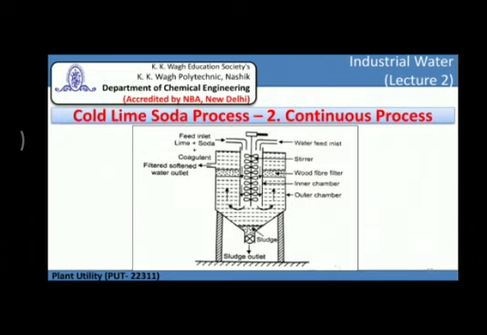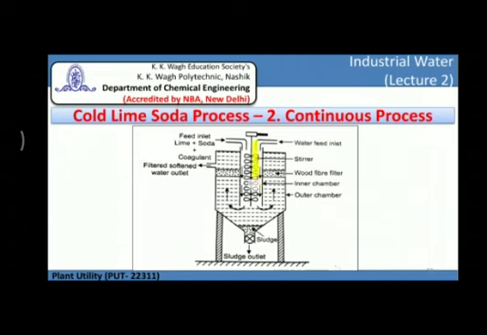Next one is the continuous process. The continuous process consists of this cylindrical tank. Inside this cylindrical tank, an inner chamber and an outer chamber are provided. This one is a sludge outlet pipe, and lime, soda and water are provided from this inlet pipe.